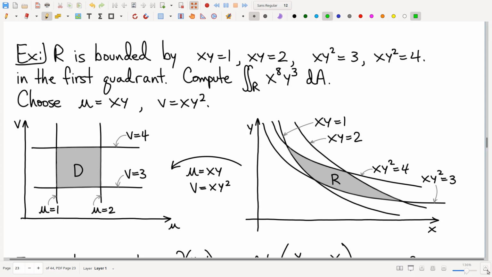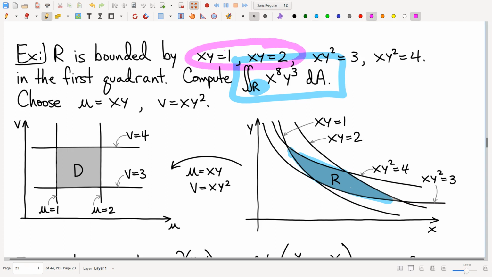That said, suppose you want to do an integral defined on this region here, where that region is defined by a pair of curves here and a different pair of curves like this.